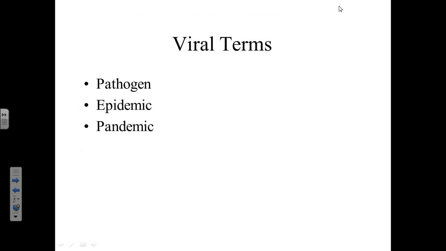All right, a couple terms to be aware of. What's a pathogen? Any disease-causing organism. Now, in humans, obvious pathogens are bacteria and viruses. Bacteria get a bad name, but are most bacteria dangerous?